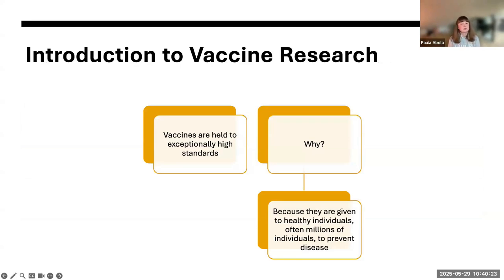Because they are given to healthy individuals, often millions of them, to prevent disease. So we are looking at preventing something before a person is actually already sick, and that's the difference between vaccines and medications. The pipeline from the lab to pharmacy involves years of careful research, multiple study phases, and constant statistical scrutiny.